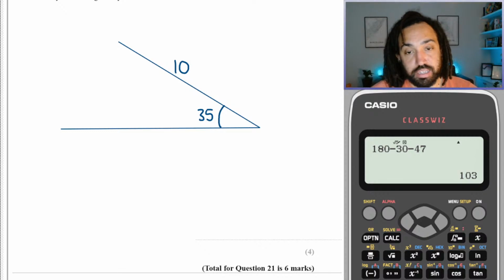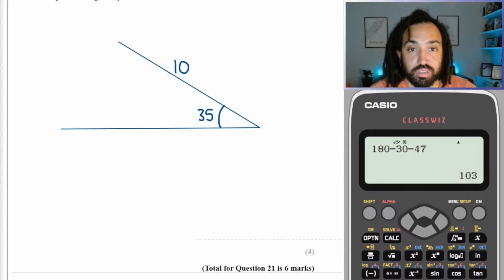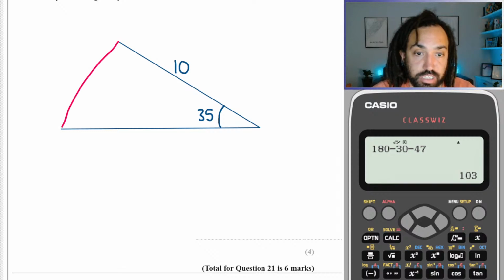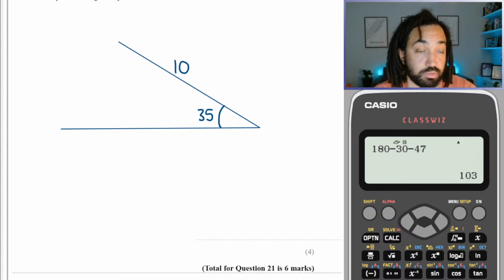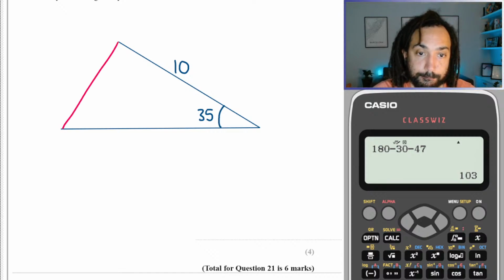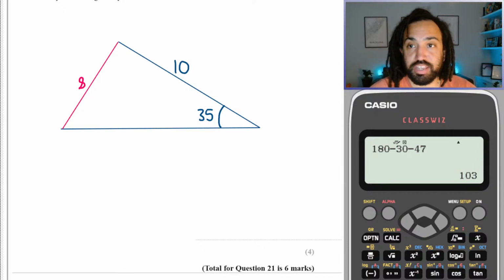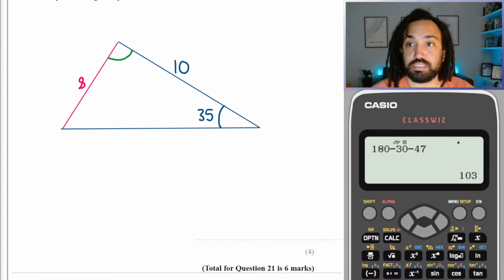Then there are two different triangles that could be created. Sorry, you know another side as well. Let's say the other side is 8. Then you could have one triangle that looked like this, and that would have a certain angle, like that.